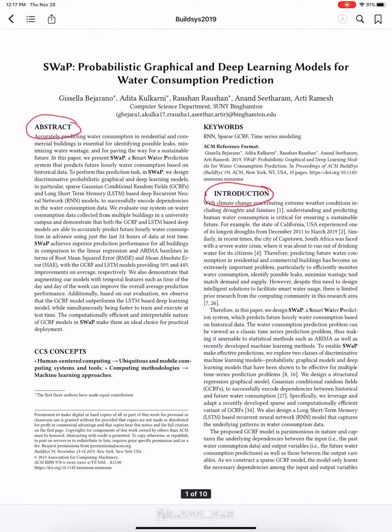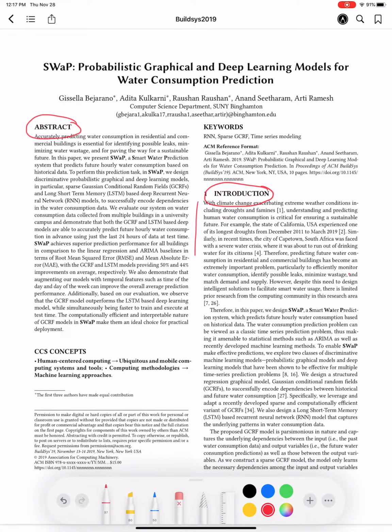So in the introduction, the first paragraph, or the first two paragraphs, or the first paragraph at least, of your research is your motivation. You have to motivate why your problem is interesting and why somebody should be interested in this research and why it is important. For example, in this paper, we were talking about designing models for water consumption prediction.